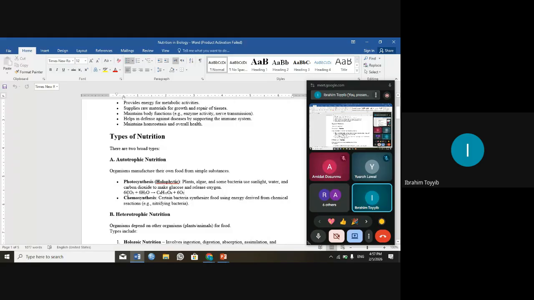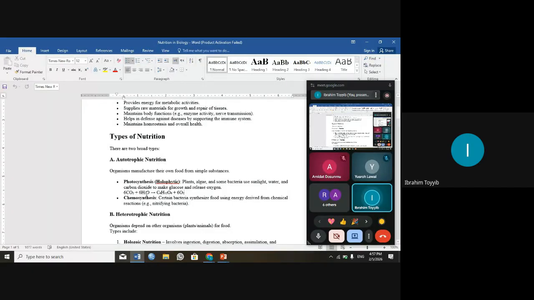Photosynthesis will not happen except in the presence of two things. Majorly in the presence of sunlight and chlorophyll. And this CO2 and water, they are the reactants. If you don't see the reactants, how do you want to see the product?